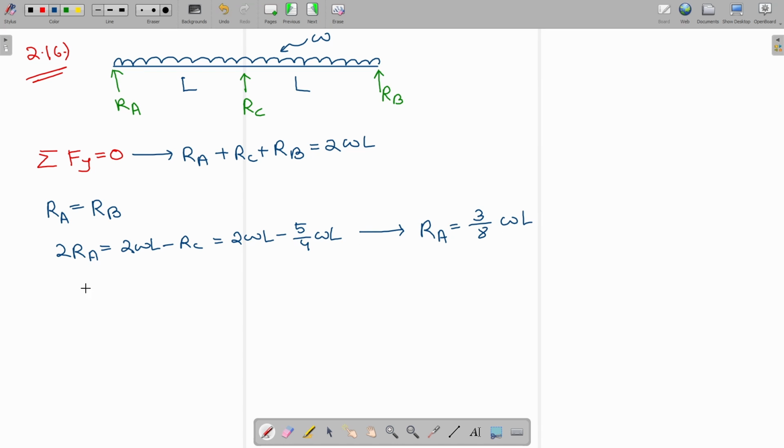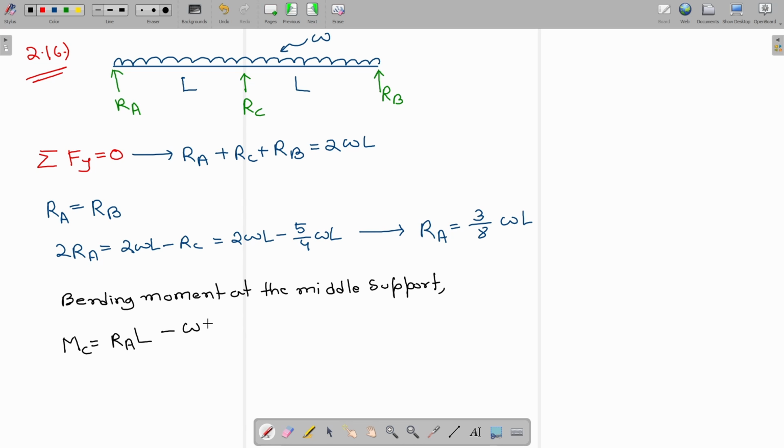Now for the bending moment at the middle support, MC is equal to RA into L minus WL square by 2, which is 3 by 8 WL into L minus WL square by 2, equal to minus WL square by 8.